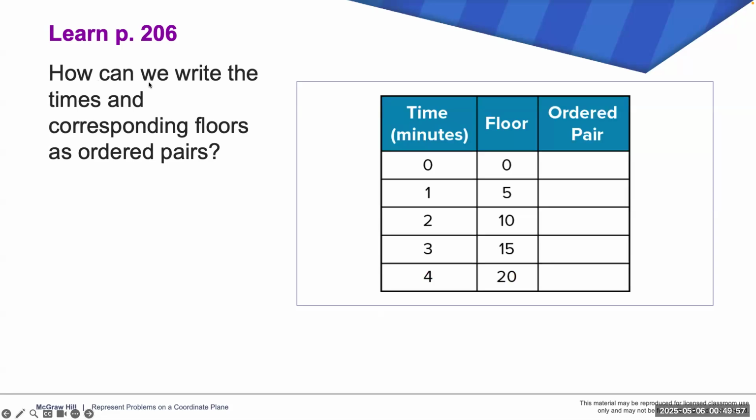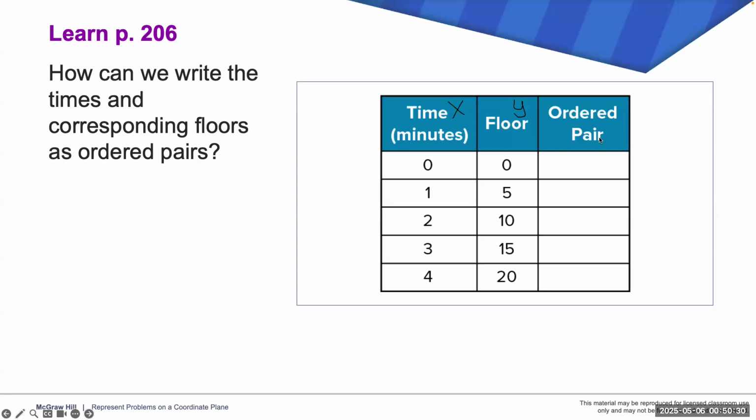First thing we're going to do is write the times and the corresponding floors as a set of ordered pairs. So we're going to say that time is our x coordinate and the floor is our y coordinate.